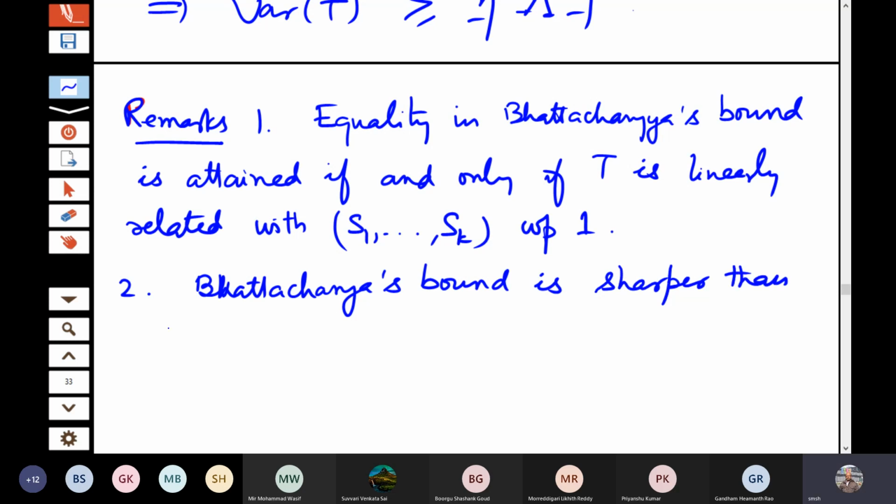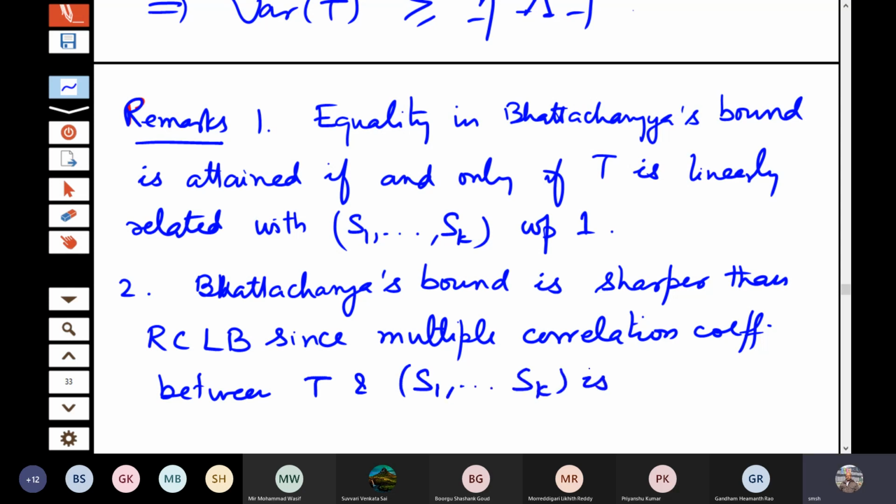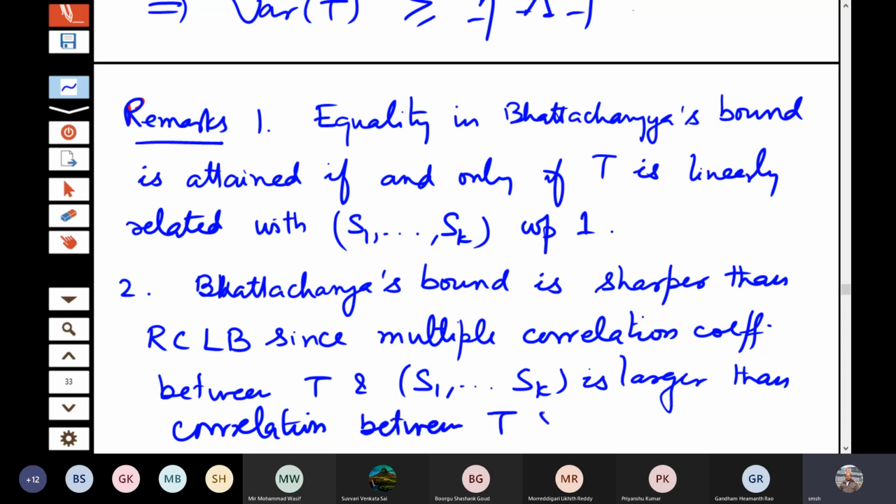Then it is sharper than the RCLB, since the multiple correlation coefficient between T and S1, S2, Sk is larger than the correlation between T and S1.